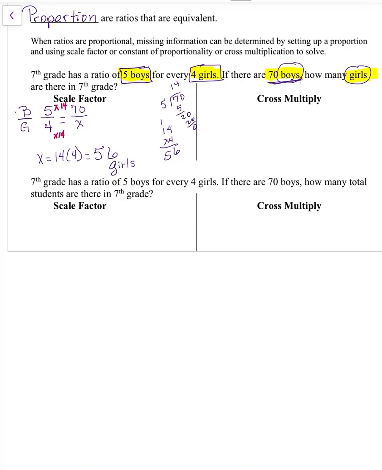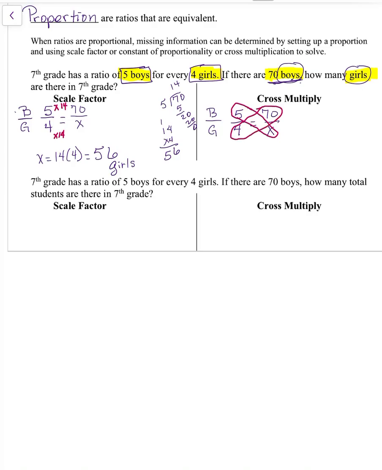Now let's set up the cross multiply. So it's the same setup, exactly the same. Boys to girls is 5 to 4, 70 boys to I don't know how many girls. But when we cross multiply, we're going to multiply the diagonals together.